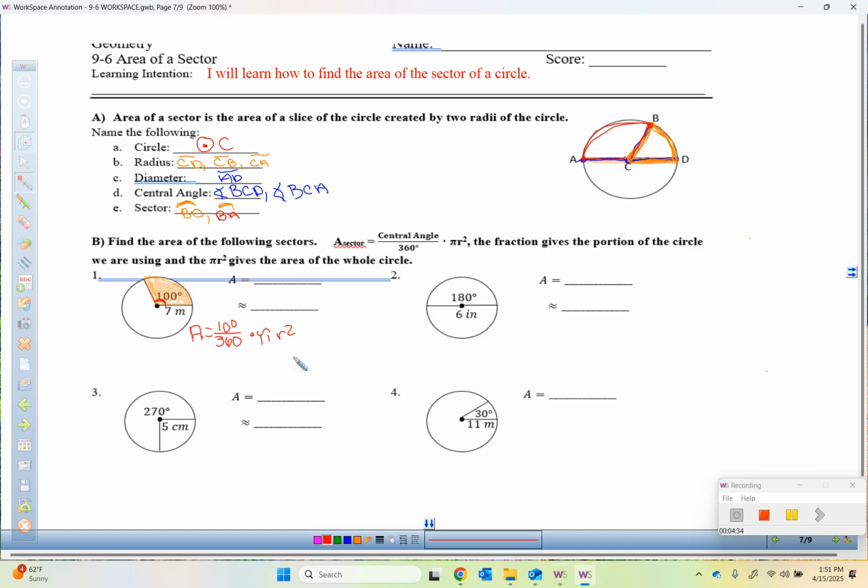With me: a parenthesis, 100 divided by 360, and then close the parenthesis. Then you simply put pi. What is my radius, guys? 7. So I'm going to change this r to 7 squared. Pi times 7 squared. Some of your calculators might give it to you in terms of pi first, or it might give you the decimal.